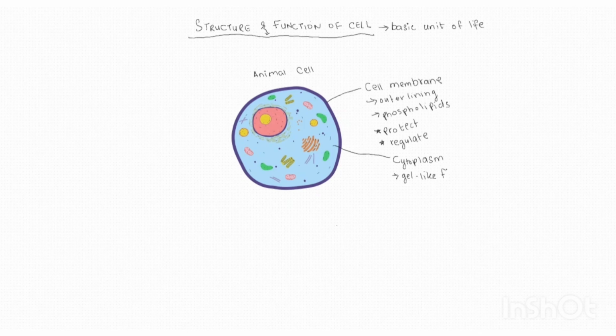It is the gel-like fluid inside the cell membrane throughout this cell, you see that? And its function is to hold the subcellular structures. The subcellular structures are all these structures inside it, and these are what we call organelles.